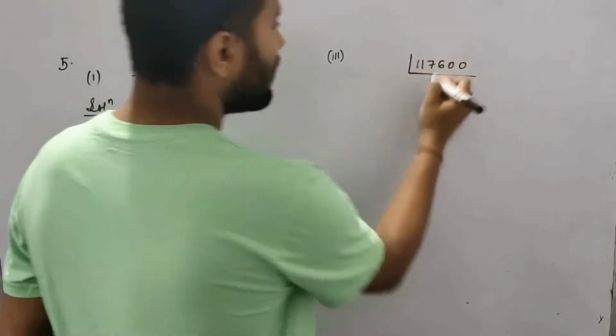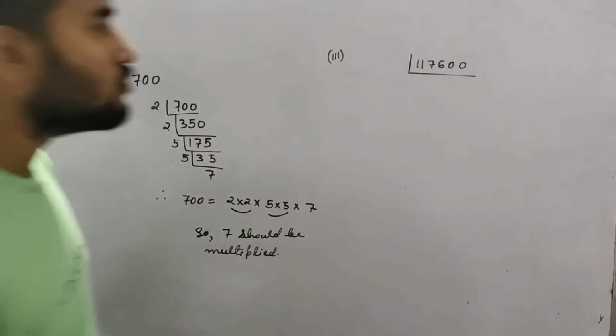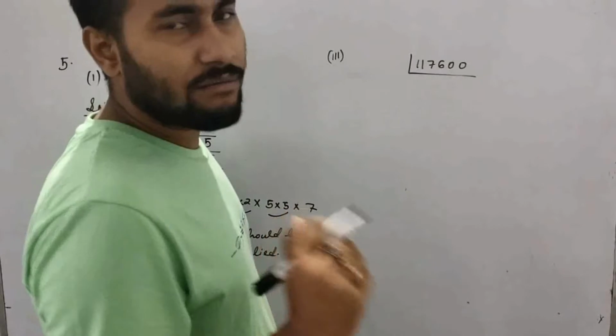117600. Even number, then I will start by 2. Okay? 0 is there, so it is an even number.